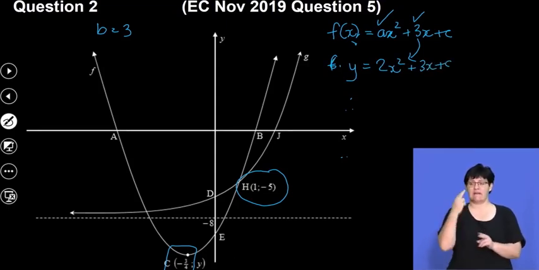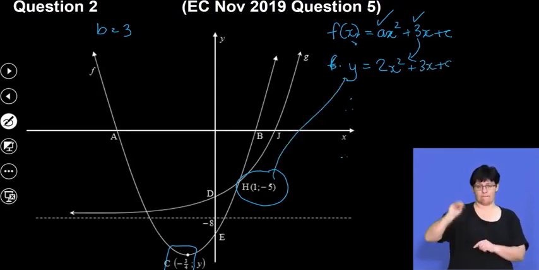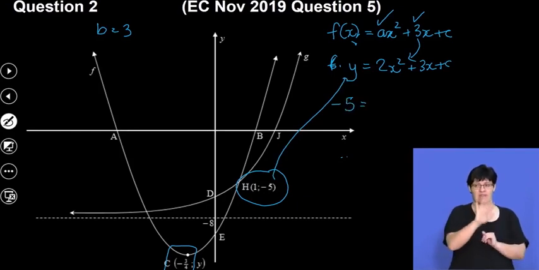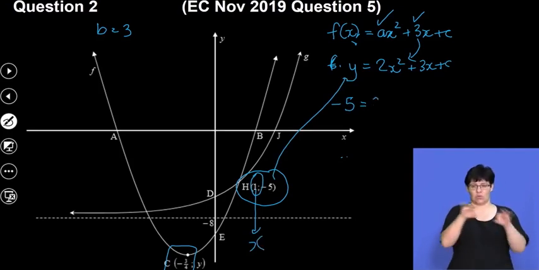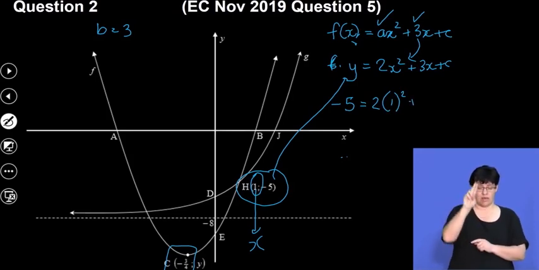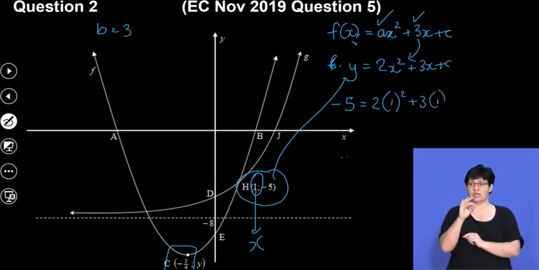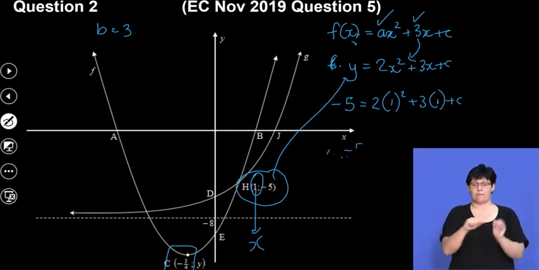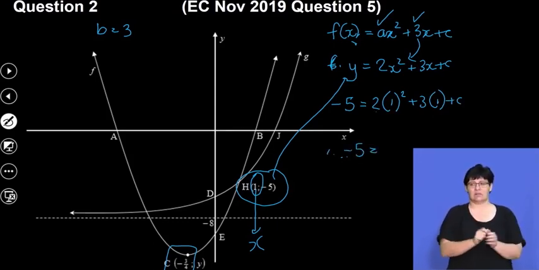And finally, I'm going to sub that into there. So -5 is equal to, and I'm going to sub that 1 into all the values of x. So it's 2 times 1 squared plus 3 times 1 plus c. So therefore, -5 is equal to 2 plus 3 plus c.